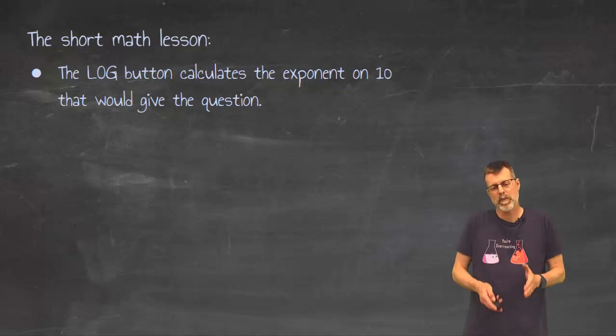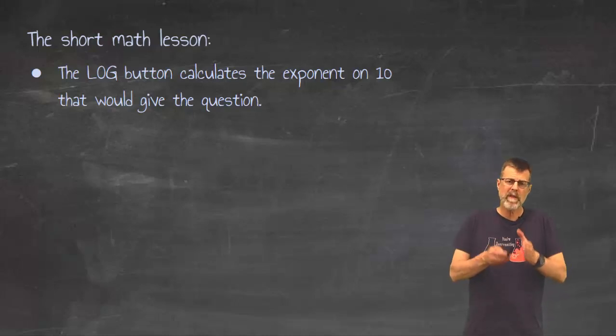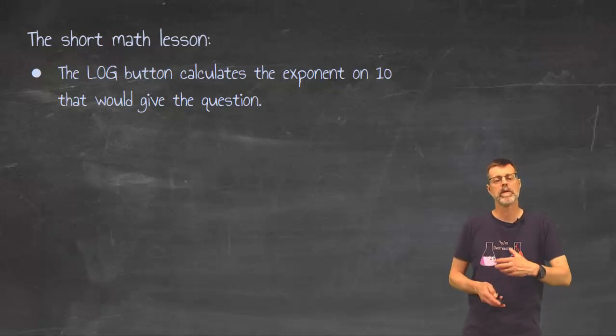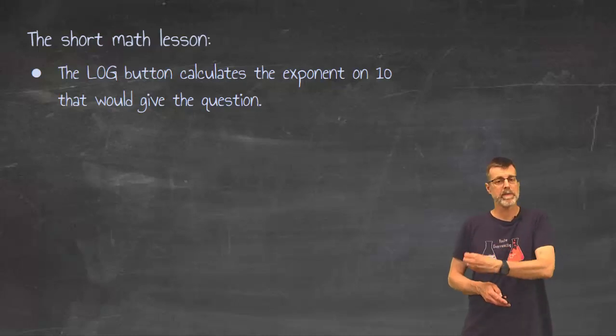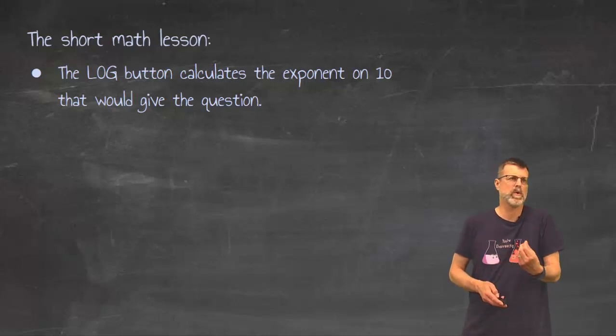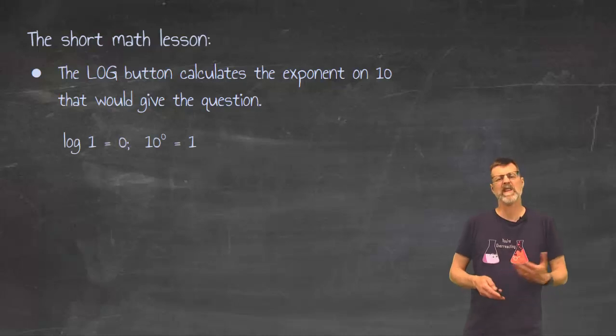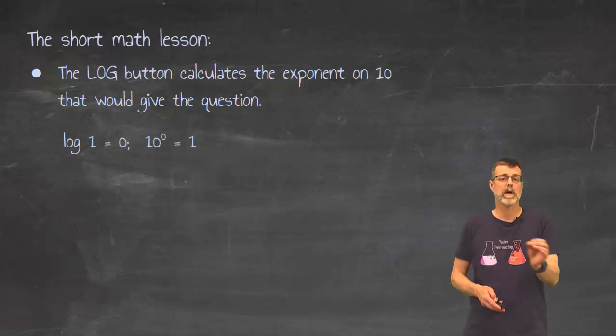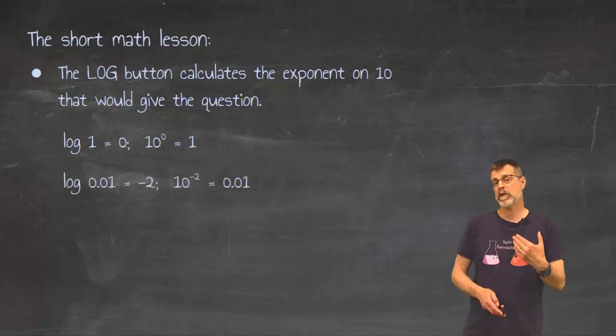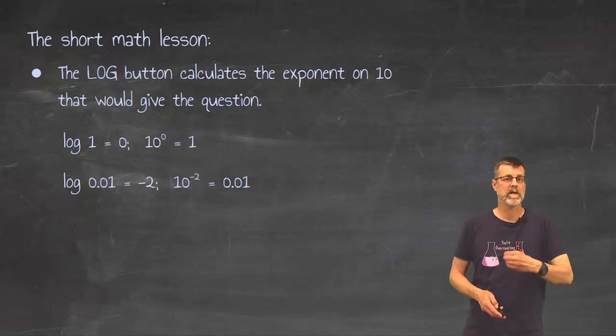The bottom line is that the logarithm button tells you the exponent on 10 that gives you the number that you input. In other words, if I type in log of 1, I get 0, because 10 to the exponent 0 is 1. If I put in log of 0.01, I get -2, because 10 to the exponent -2 is 0.01.